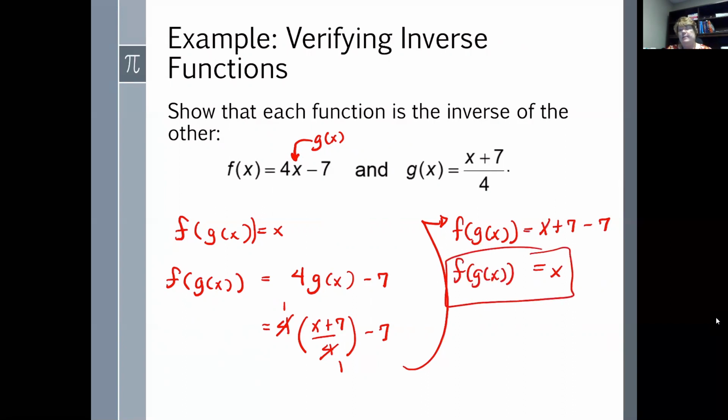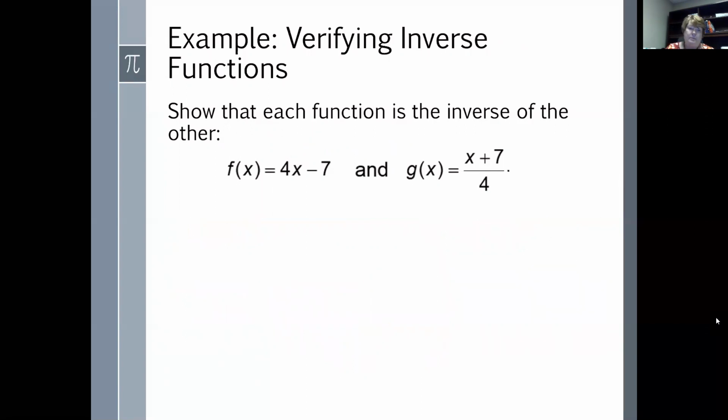All right, now let's evaluate g at f of x. Okay, so wherever I have an x in my function g, I'm going to replace that with f of x. So I get f of x plus 7 over 4.